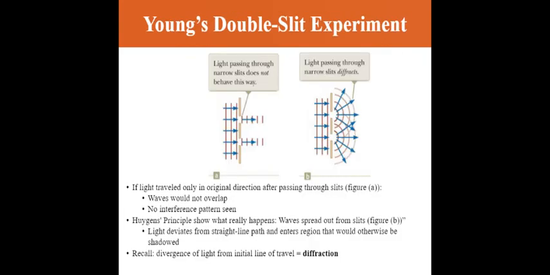So why does diffraction happen? Diffraction is the effect when light begins to diverge in all directions after moving in a single direction. That's what's happening when light enters the slits. It diffracts.